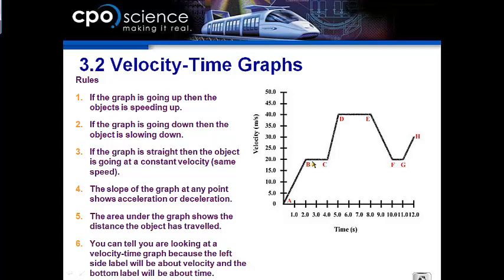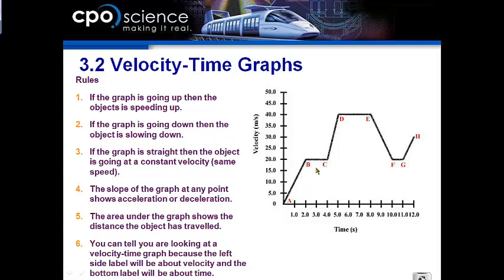It means it's going the same speed. Between D and E, the object is going the same speed. It's going 40 meters per second. Between F and G, it's going the same speed again. It's going 20 meters per second. Okay, so if it's going straight across, it means it's got a constant velocity, or it's going the same speed.